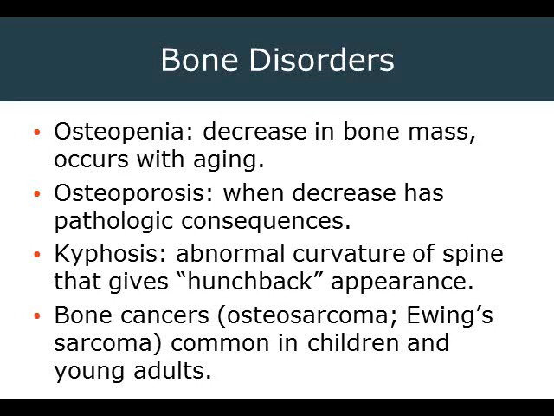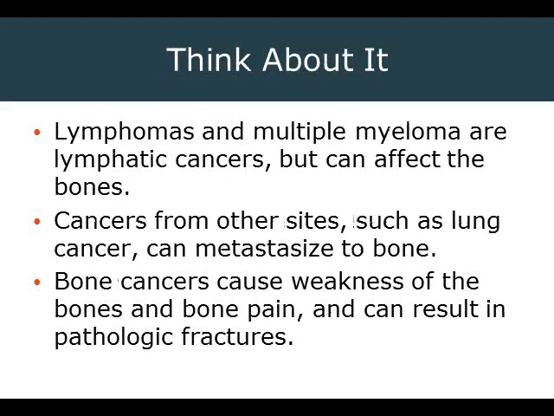It gives people very strange looking, oddly formed bones. Remember that lymphomas and multiple myelomas are lymphatic cancers, but can affect the bones. A lot of times some of those cells are created within the bones themselves. They can certainly affect the bones.